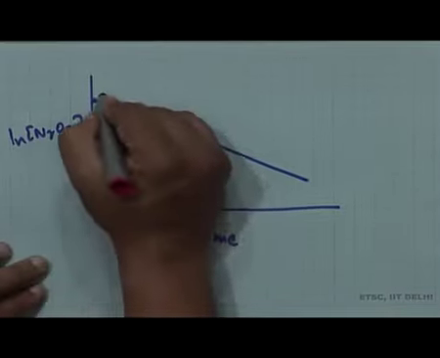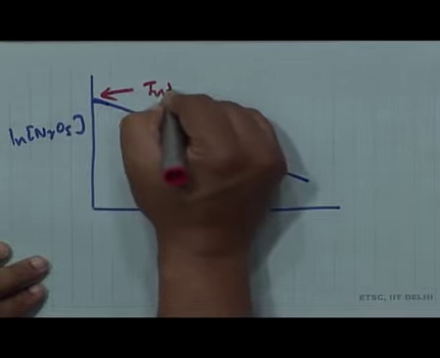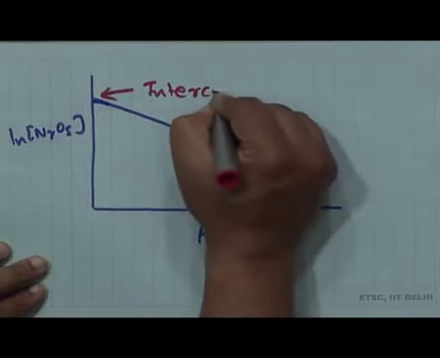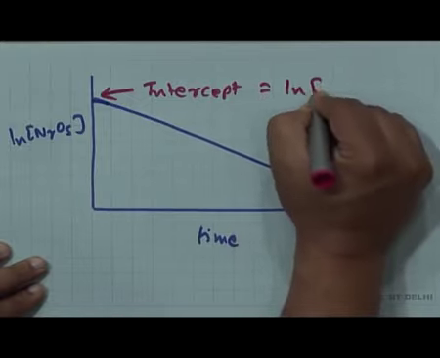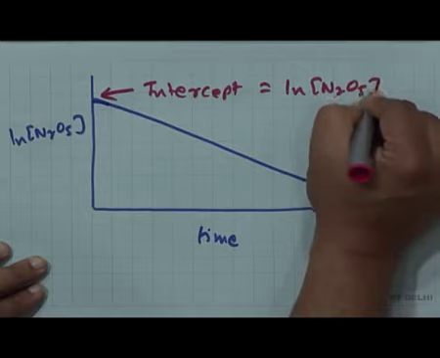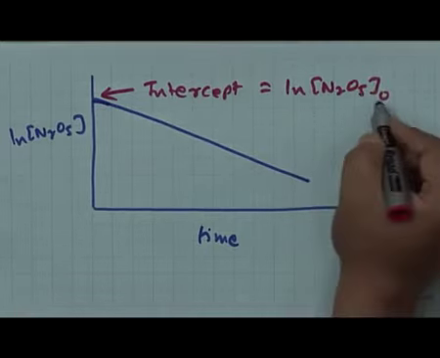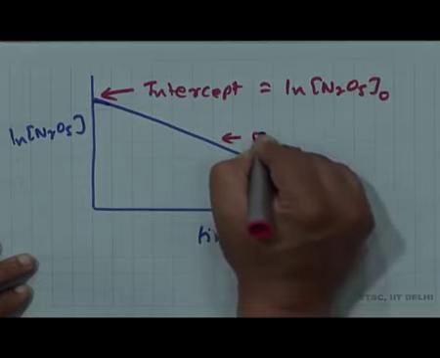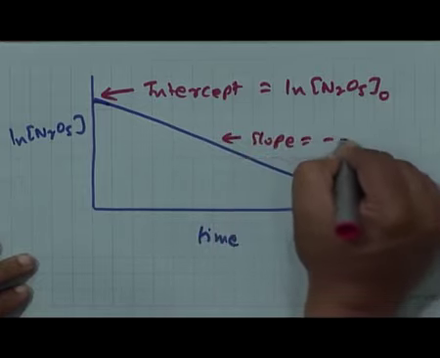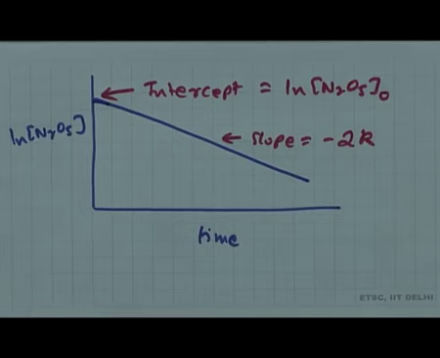So, what would my intercept be? My intercept again would be natural log N2O5, the initial concentration, but look at the slope now: the slope is equal to minus 2 K. This is what is important.